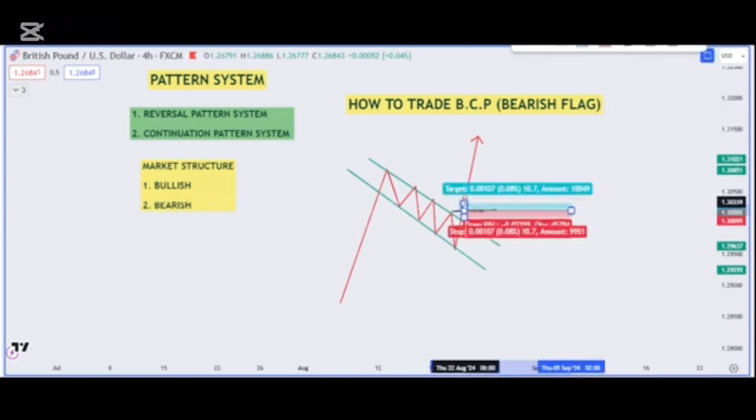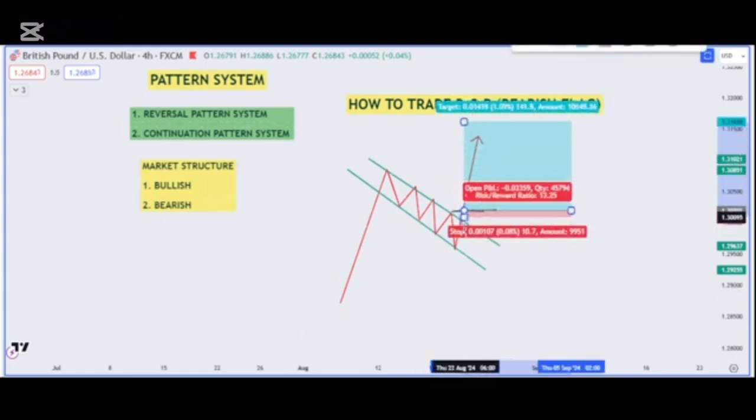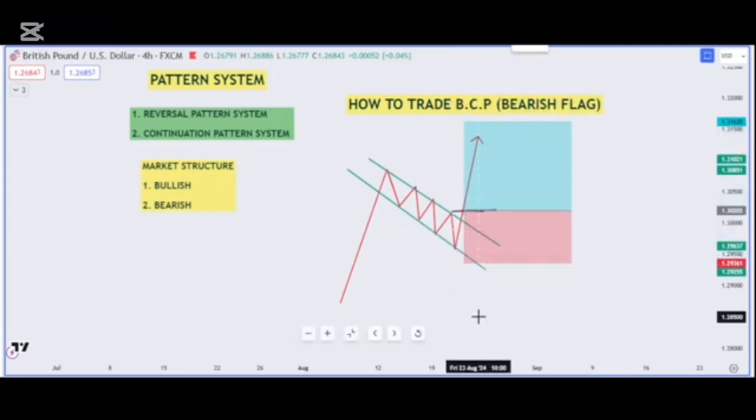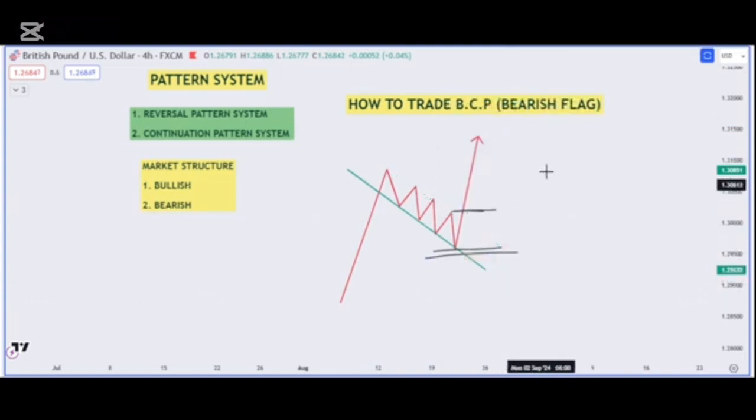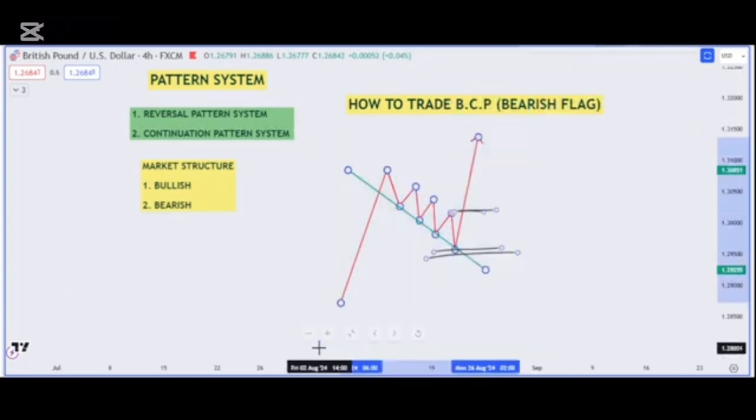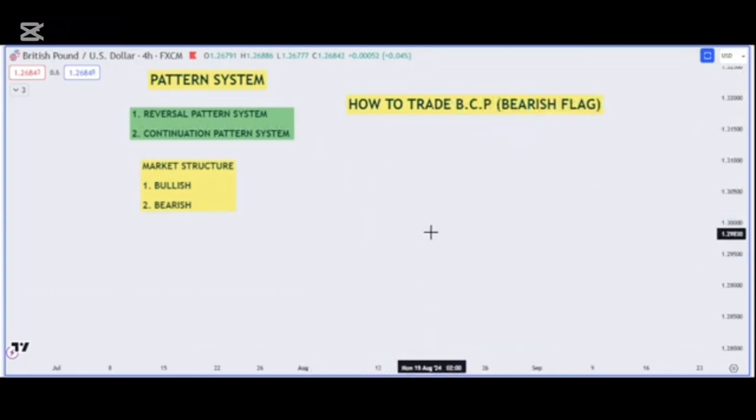You execute here, then you put your stop loss below this zone here. Very, very simple. I'm going to show you how you can trade it on live charts.